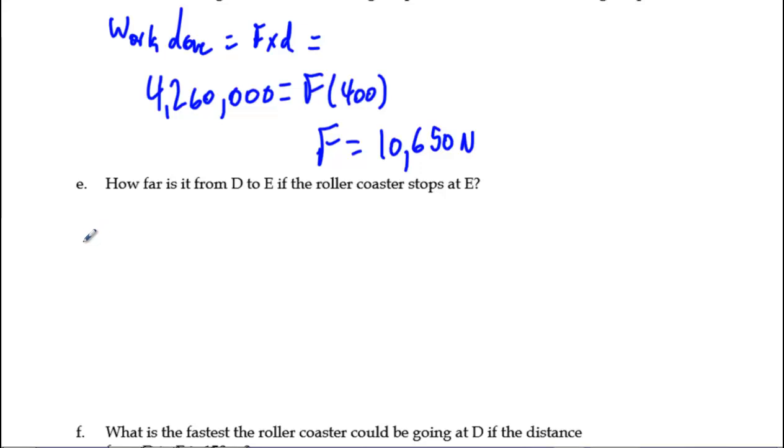Well, I'm going to draw a free body diagram and see what we got. We've got a roller coaster here. This is our roller coaster. This is point D. This is point E. We know that at D it's moving at 50 meters per second. We know here it's moving 0. We know the coefficient of friction is 0.6, and we know the normal force can be calculated off Fg because this is a flat level section.